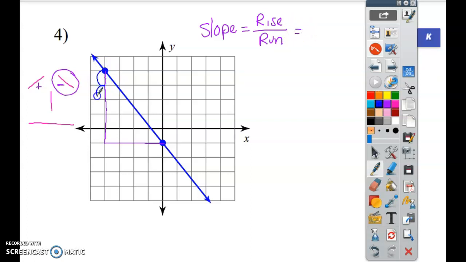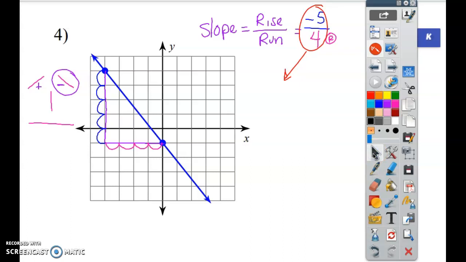Down -1, -2, -3, -4, -5. I went down 5. The negative means I went down. And I go over, let's count. 1, 2, 3, 4. Over 4 to the right. So when you divide those two in the calculator, what happens?